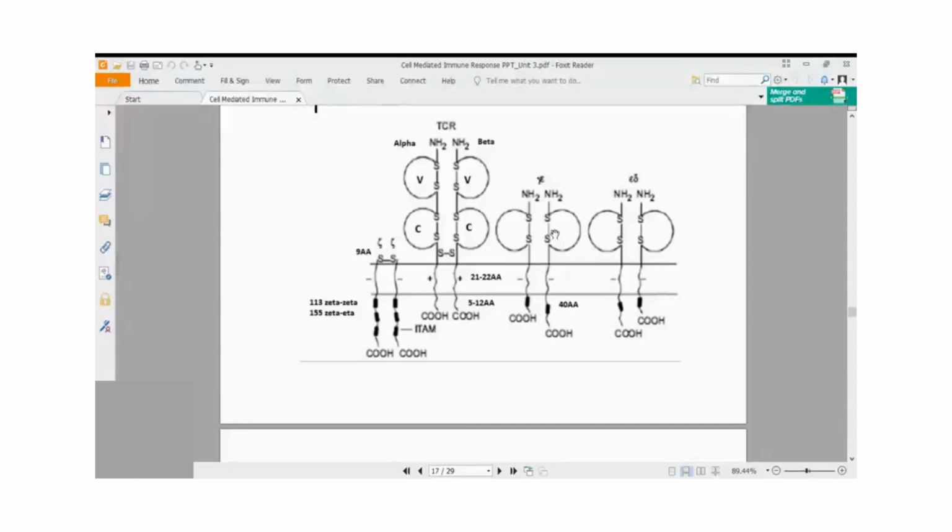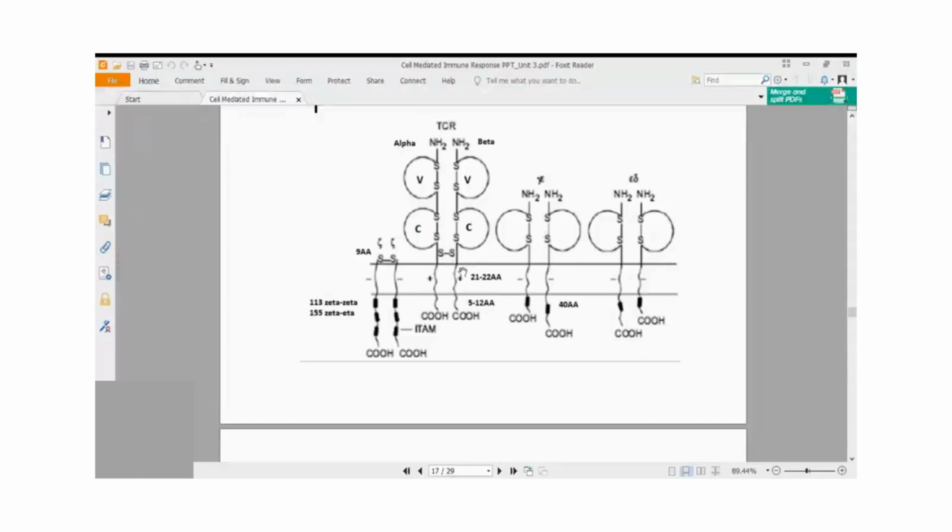Why? Because the cytoplasmic domain of that receptor is very, very short. So that is the reason the co-receptors here also in the T cell, that is, gamma epsilon and delta epsilon, which are there as CD3 receptors, facilitate the activation of the T cell. That becomes the signal 1.